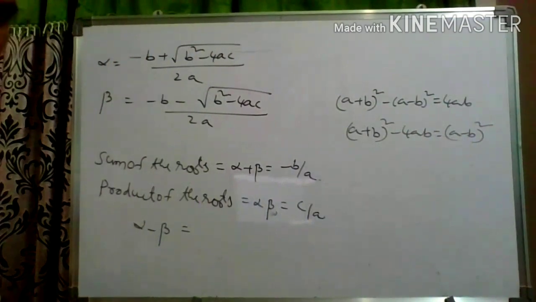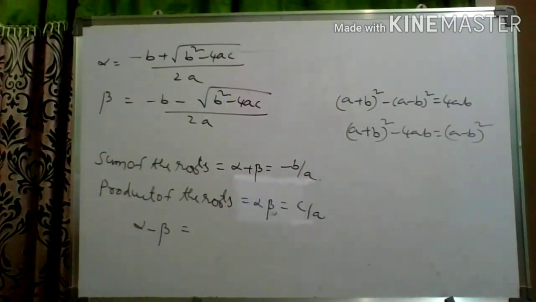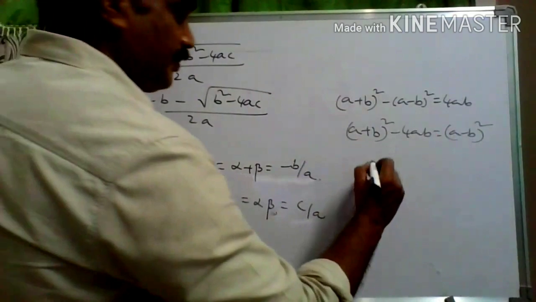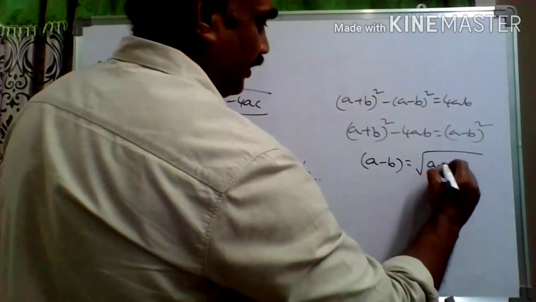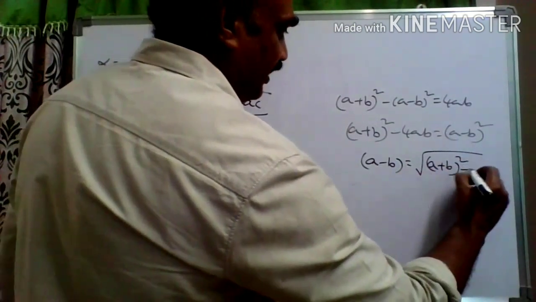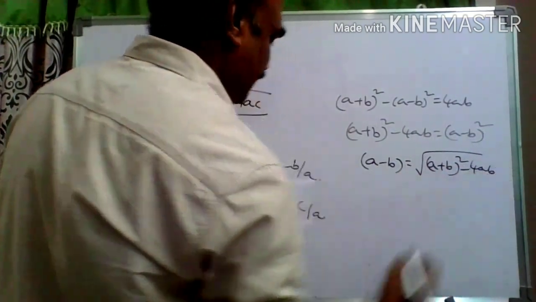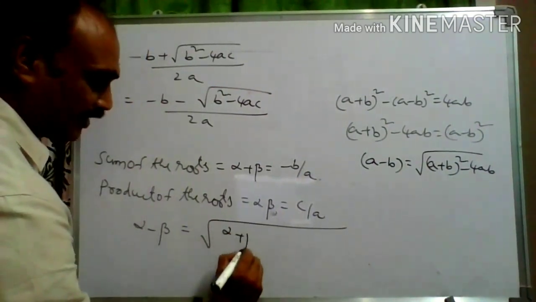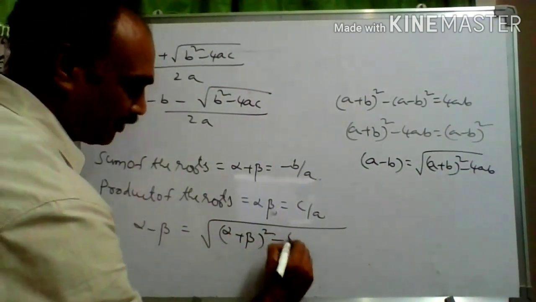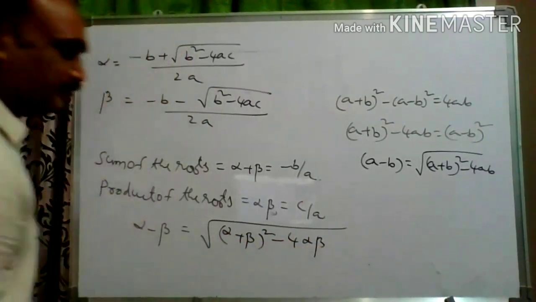Therefore a minus b is equal to root of (a plus b) whole square minus 4ab. Friends, alpha minus beta is equal to root of (alpha plus beta) whole square minus 4 alpha beta.